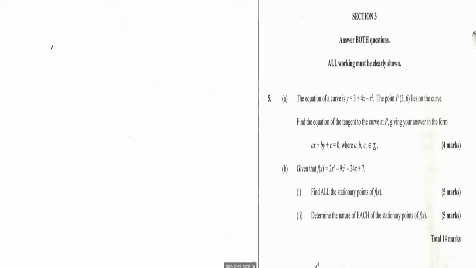Question 5 says the equation of a curve is y is equal to 3 plus 4x minus x squared. And it goes next by asking us, the point P(3, 6) lies on the curve. Find the equation of the tangent to the curve at P.